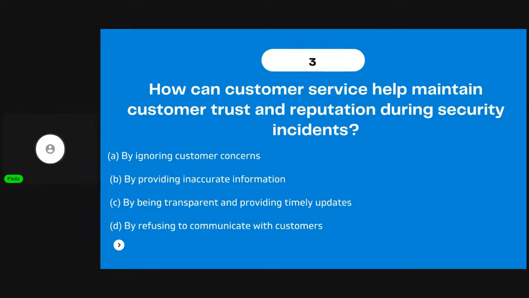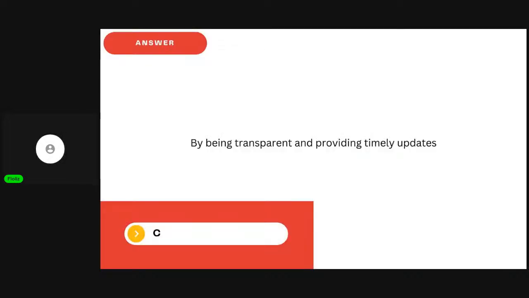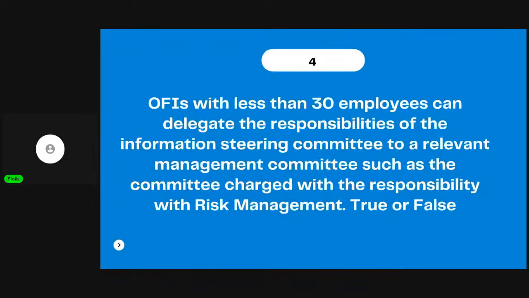How can customer service help maintain customer trust and reputation during security incidents? Okay, we also have option C. Option C is also correct: by being transparent and providing timely updates.